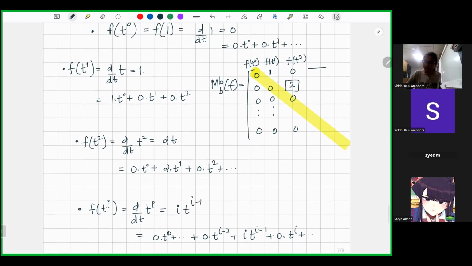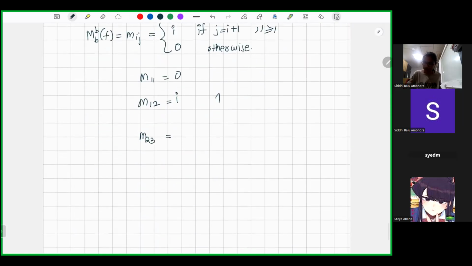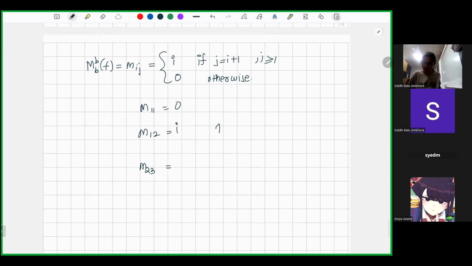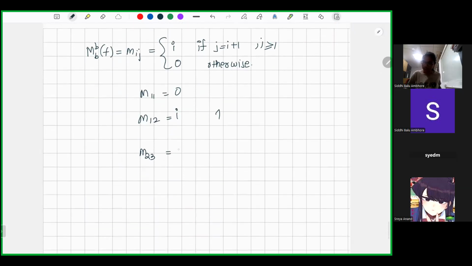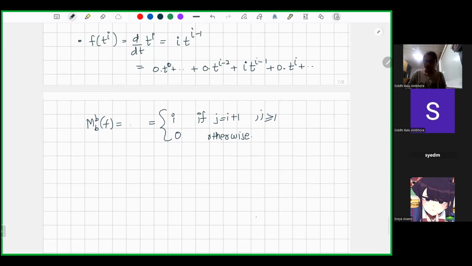Let us try to do this for another entry, this entry is 2, 3. M23 is 2, that is i, where j is i plus 1. So it is this kind of matrix M_ij, and it's 0 otherwise.